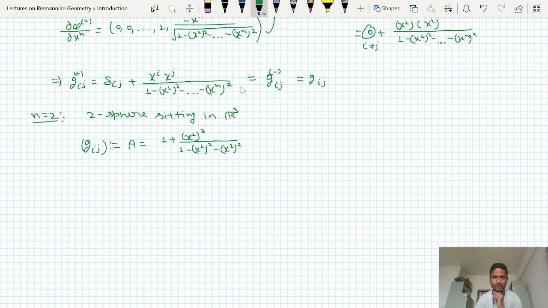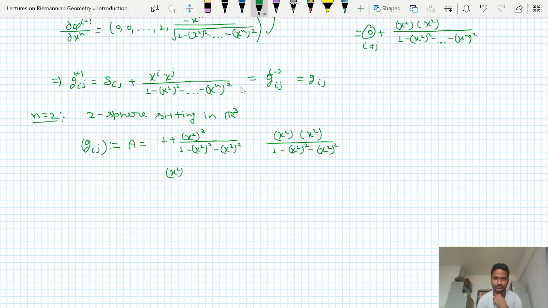So here you will have the 1 2 entry. In the case of the 1 2 entry, delta ij will be 0. So this will be x1 x2 divided by 1 minus x1 square minus x2 square. Now G21 will be equal to G12.